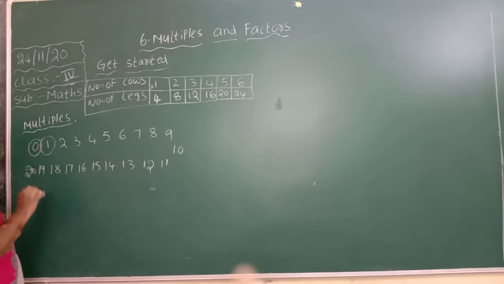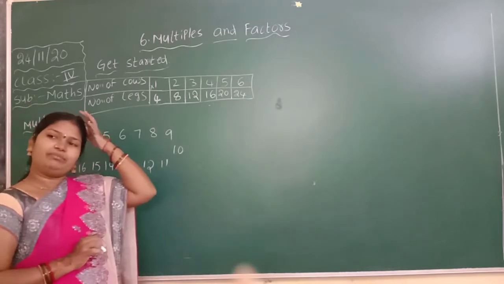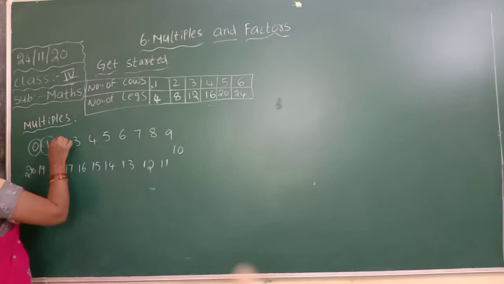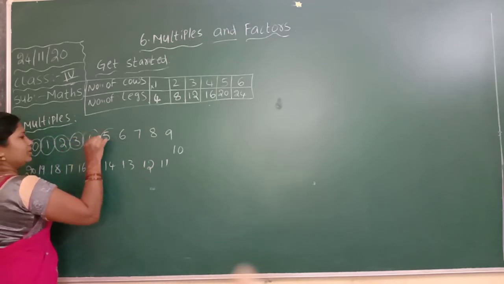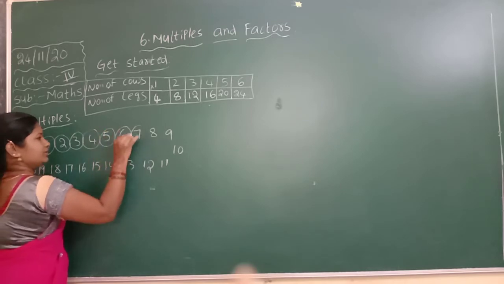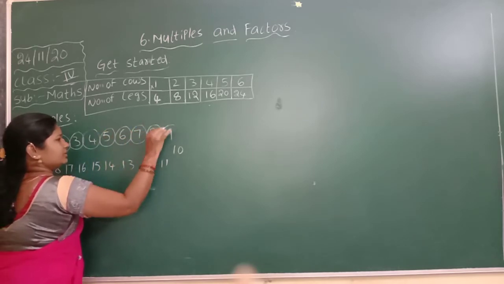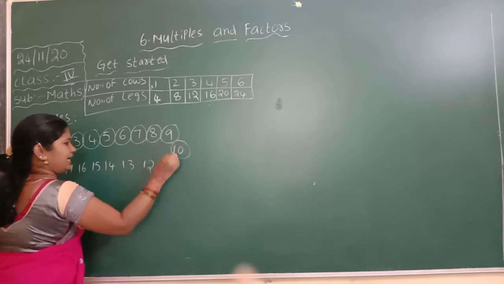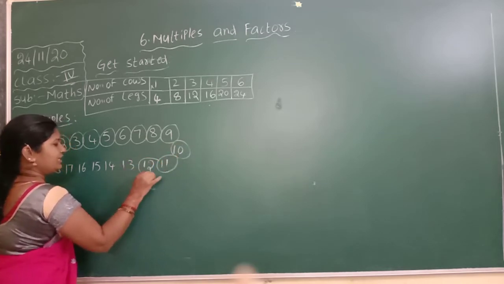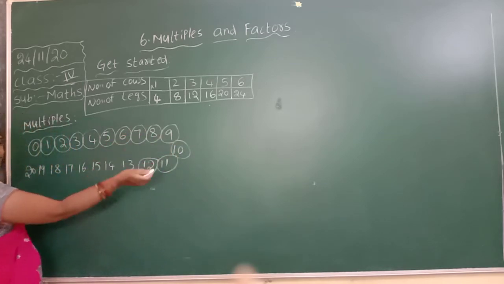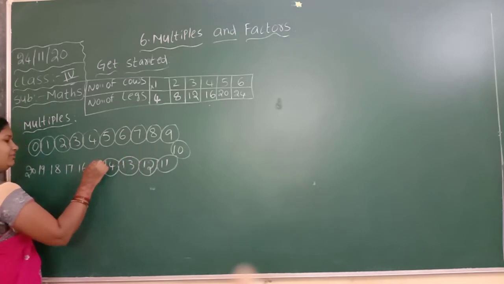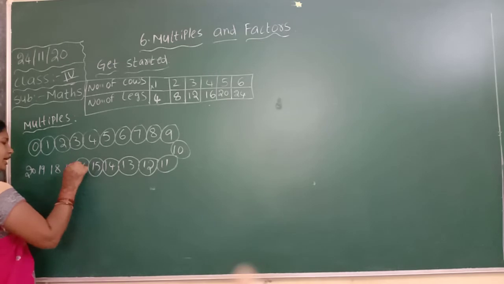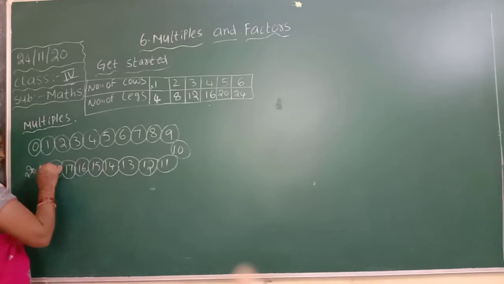The given numbers are mentioned with circles. Like this, 1 to 10 they have given in forward direction, and 11 to 20 in backward direction, that means in reverse order.